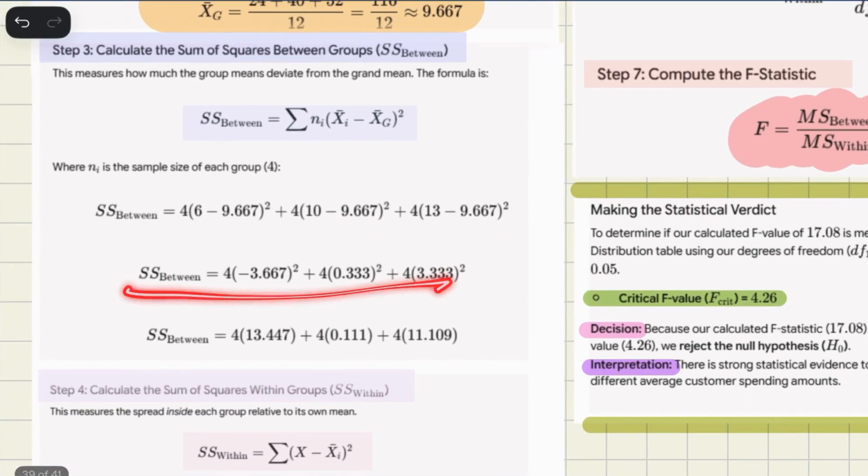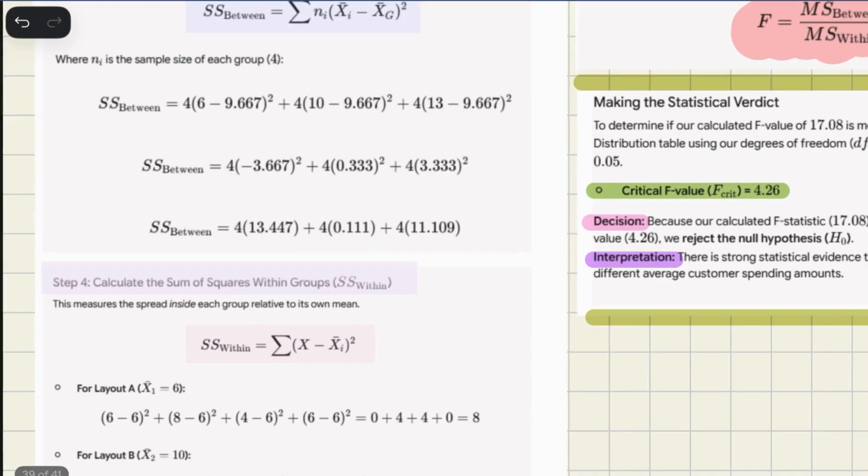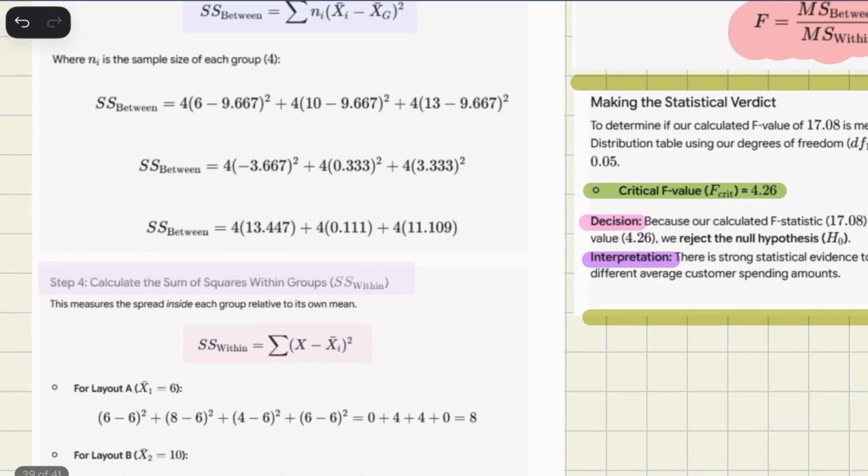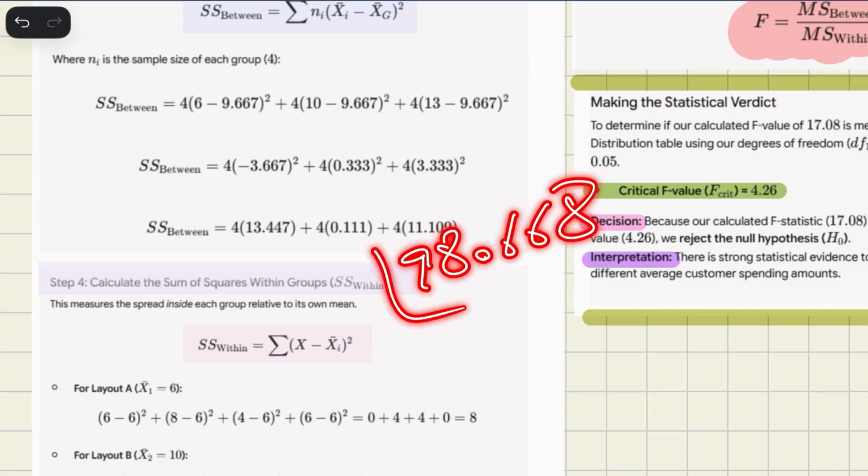When we calculate all of this, we get our final value as 98.668. This represents the baseline structural variation between the 3 layouts. This is the sum of squares between the groups.